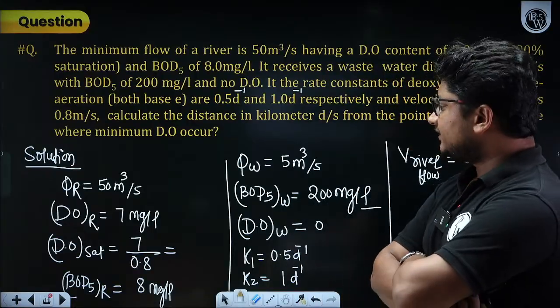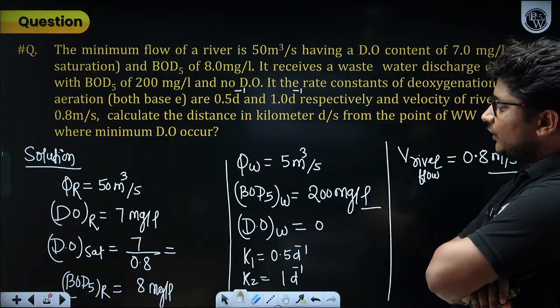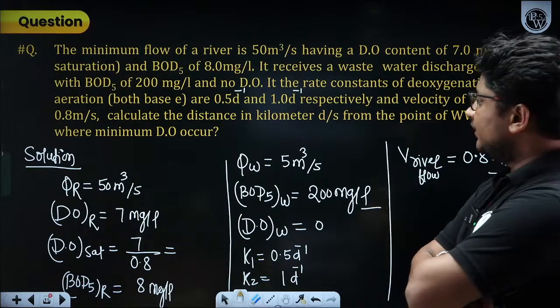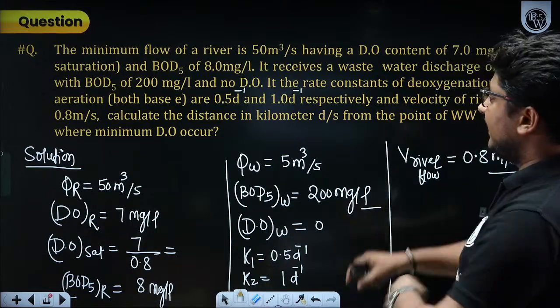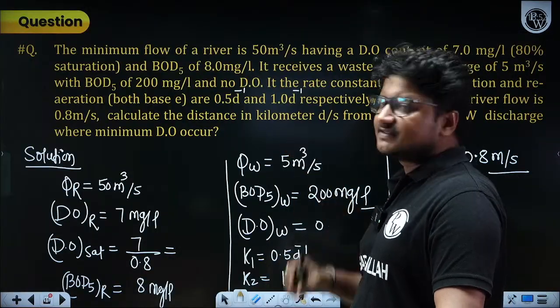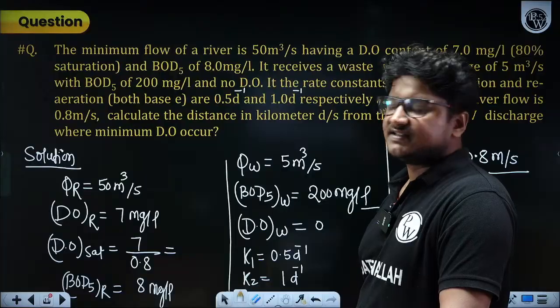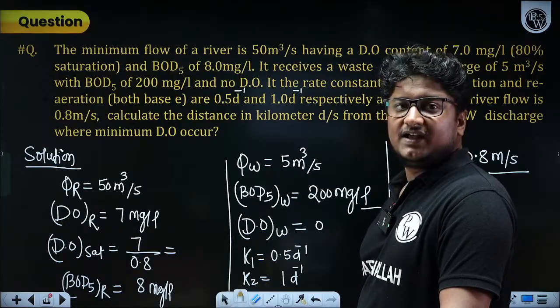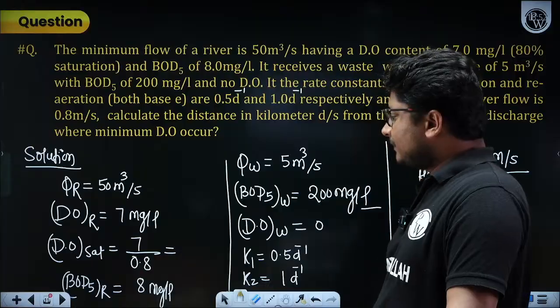So basically you need to find out TC, the critical time. They have already given you the velocity, and velocity into time will give you the distance. Ultimately they want distance, but to find distance, you need to find the critical time, which is TC.